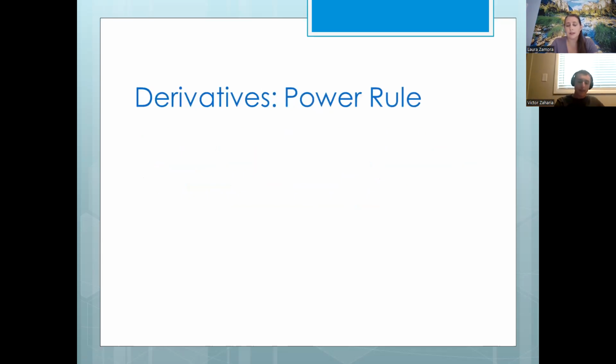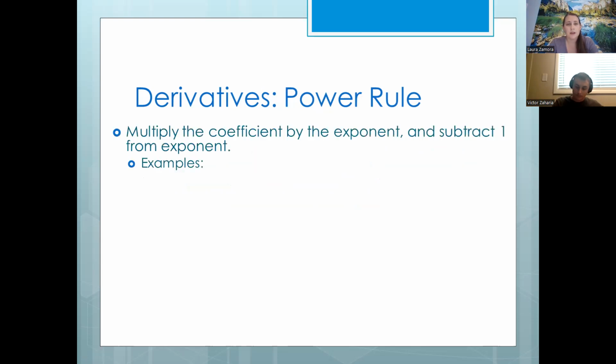If you haven't taken calculus, this is a really quick crash course into how to do these things. Then you'll take an entire semester's worth of derivatives in Calc 1. So this is just a quick insight, but you'll definitely see this a lot and have a lot of practice with it.